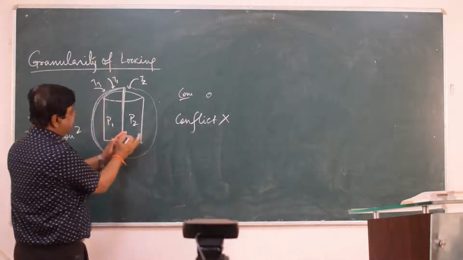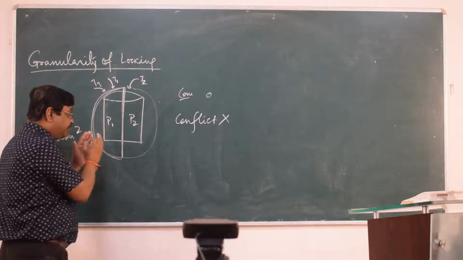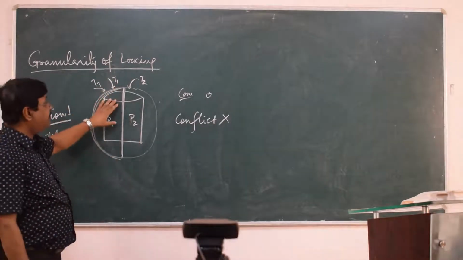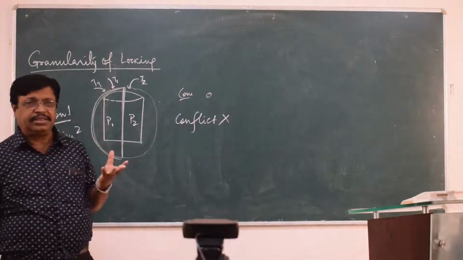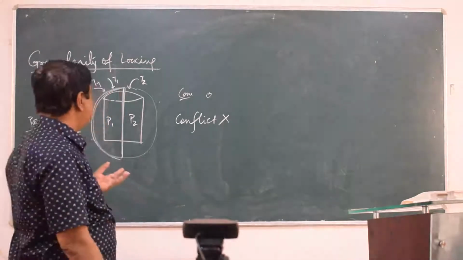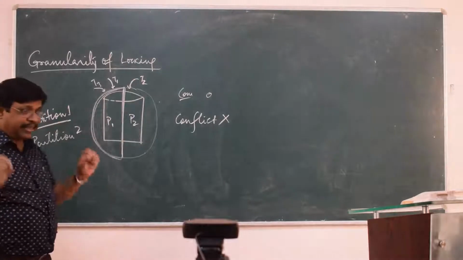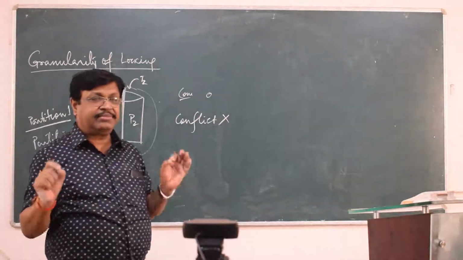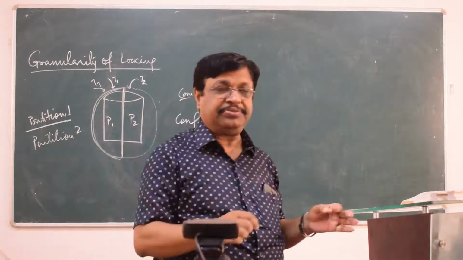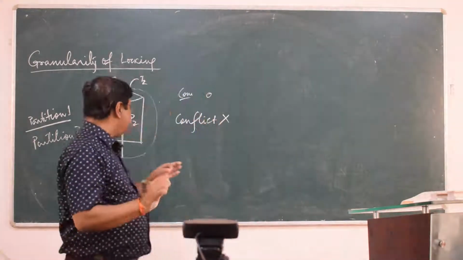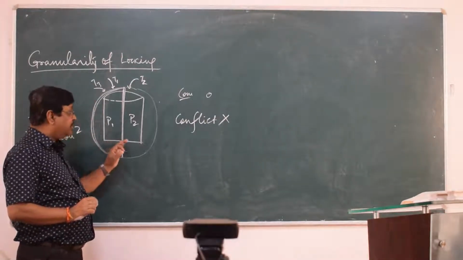Any transaction can access data items from partition P2, but not from partition P1 because it is locked by one transaction. So concurrency has slightly increased, not much, because say T2 locks partition P2. It means now none of the transactions can access either P1 or P2.